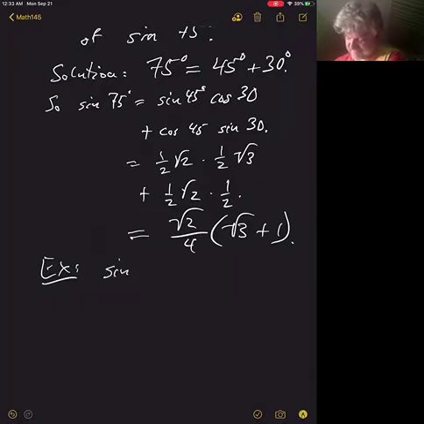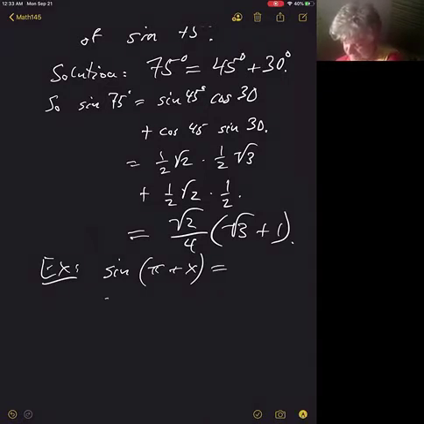Things like this: the sine of pi plus x. So pi is pi, x is a variable, and the addition formula doesn't care. We can substitute variables, constants. It's always true.